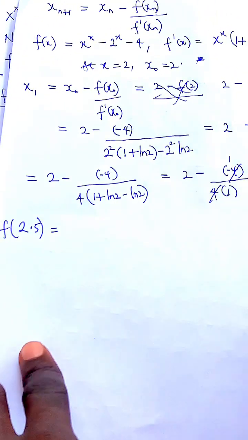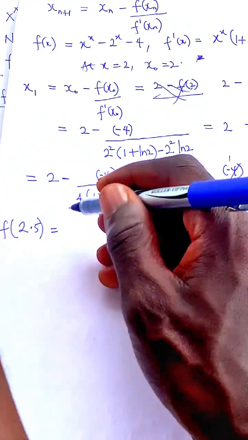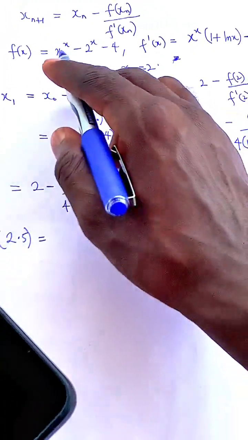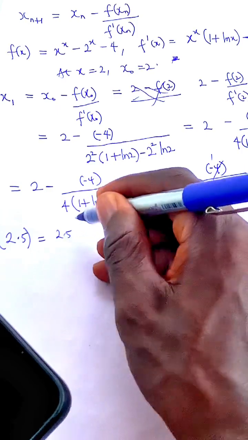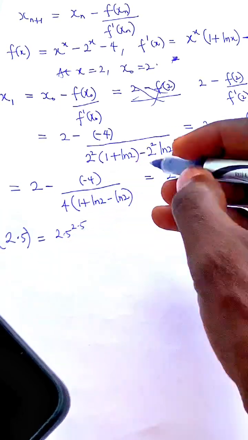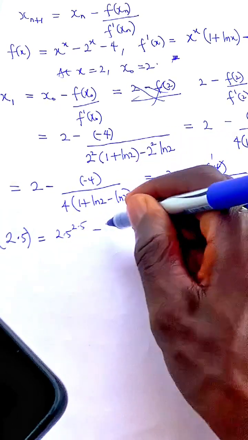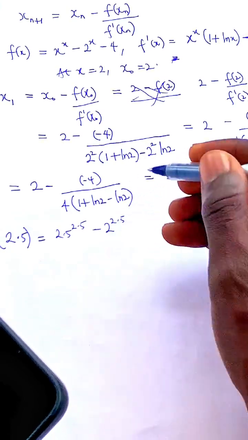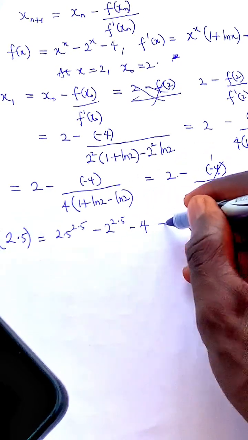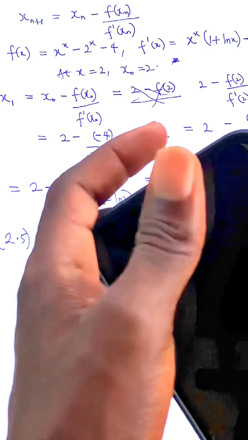Let's check 2.5 into the function: 2.5 to the power of 2.5, minus 2 to the power of 2.5, then minus 4. Let's go straight to the calculator.